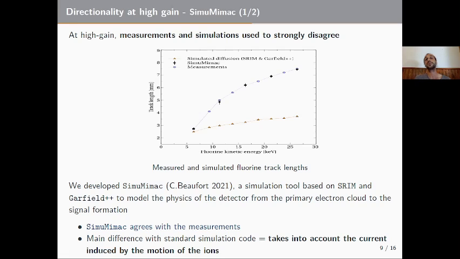The main difference between MIMAC and Garfield++ is in the way it treats the ions that are produced in the avalanche. First, because we look at the electric field induced locally by the motion of the ions, but mainly because we take great care about how those moving ions will induce a signal on the pixels of our anode.